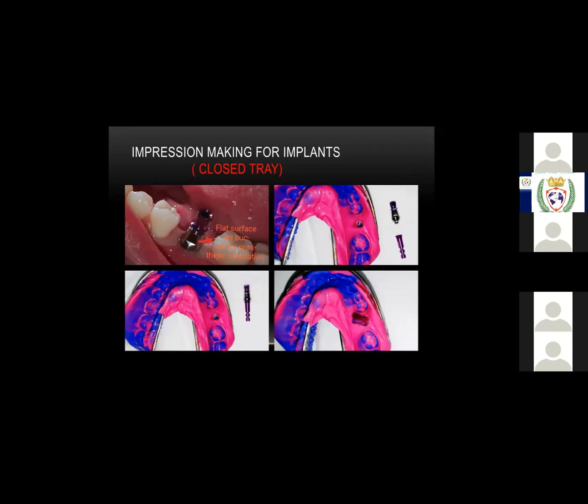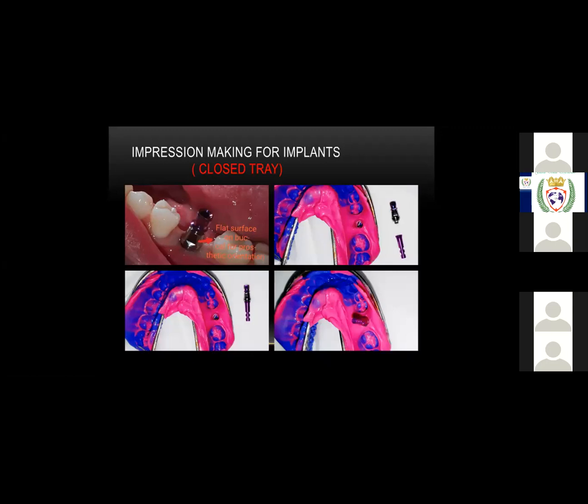Condensation silicone I prefer to use only for lab purposes, not for the mouth. In this case, you can see we made a closed tray impression with addition silicone. The heavy body goes into the tray and the light body goes into the mouth, and we make an impression. You can see the flat surface on the buccal side, and we have picked it up with a closed tray impression.